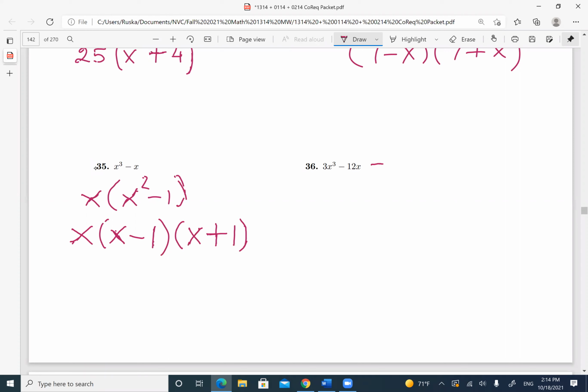You factor out the common factor, which is 3x. And then you're left with x squared minus 4. Again, x squared minus 4, you can factor: the square root of x squared is x, minus the square root of 4, which is 2. And you copy the same with plus, x plus 2. And then you put the 3x in front. Don't forget, you have to bring everything down. Okay, any questions?